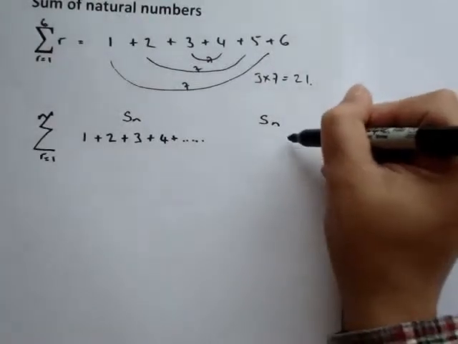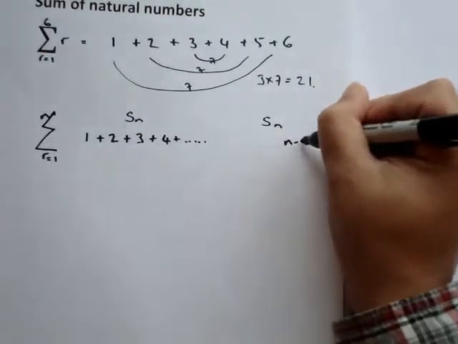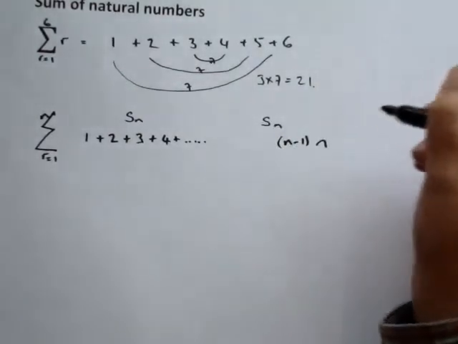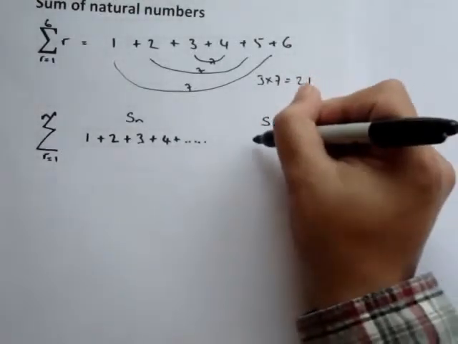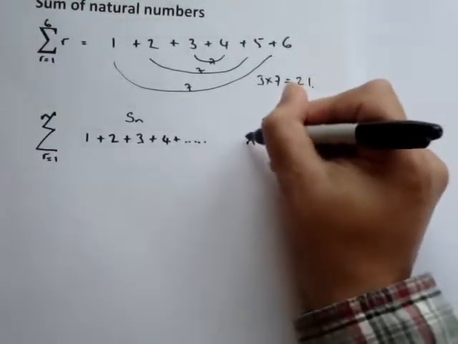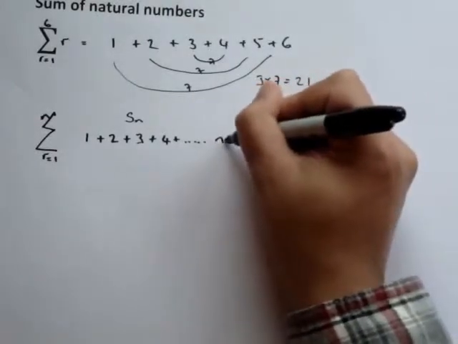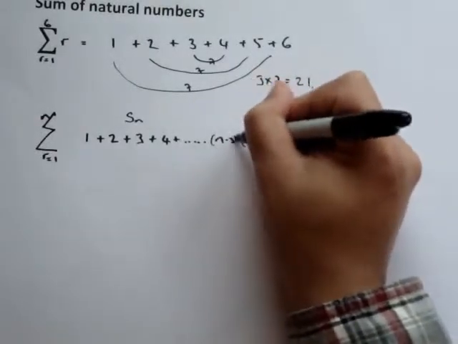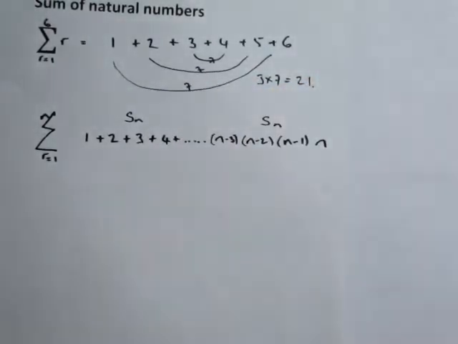Next to that, the next number along going backwards would be n minus 1. Going backwards again would be n minus 2, n minus 3. So we've got 1, 2, 3, 4 terms there, 1, 2, 3, 4 terms there.